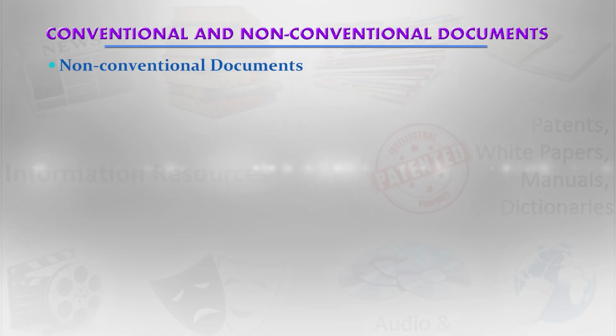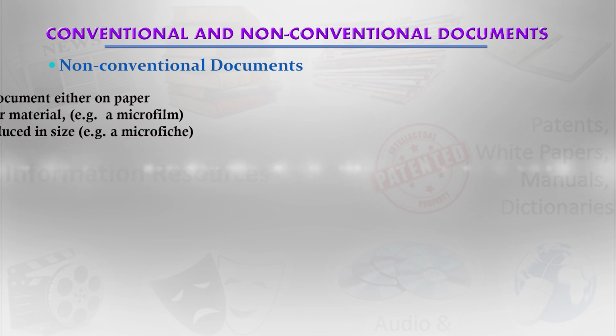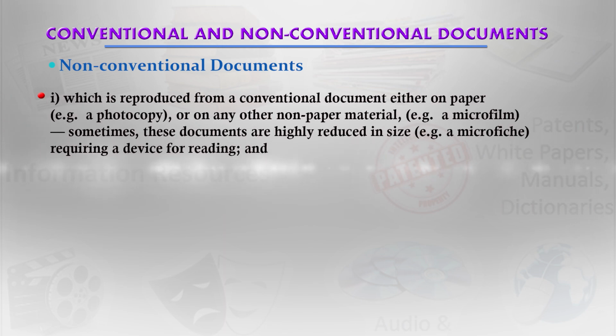Then comes the non-conventional documents. A non-conventional document is one which is reproduced from a conventional document either on paper, example a photocopy, or on any other non-paper material, example a microfilm. Sometimes these documents are highly reduced in size, example a microfiche, requiring a device also for reading the information given in them.